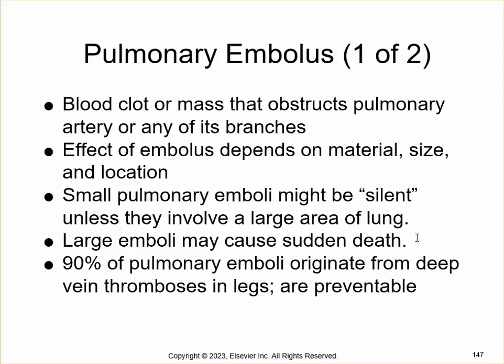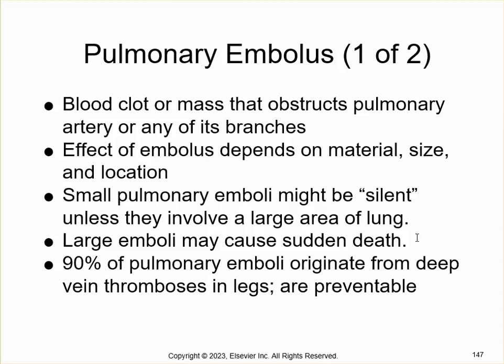And arteries always get smaller, so a large pulmonary artery branches into smaller and smaller and smaller until it gets to the arterioles, feeding the capillaries in the lungs. Well, the place that the clot lodges is the place where the lumen is smaller than the clot.